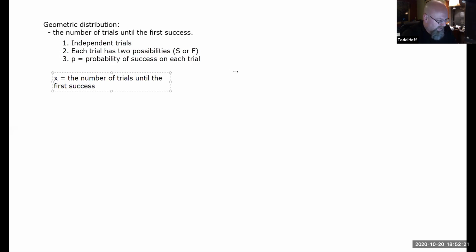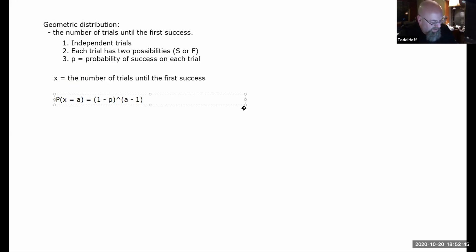Now, let's do this. The probability that X will equal A is equal to (1 minus P) to the power of A minus 1, times P. If we're going to have our first success on trial A, all the trials before that had to be failures. So there are A minus 1 failures before that, times P, the probability that the last one is a success.